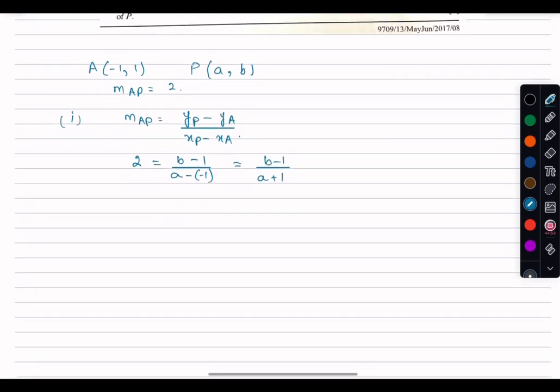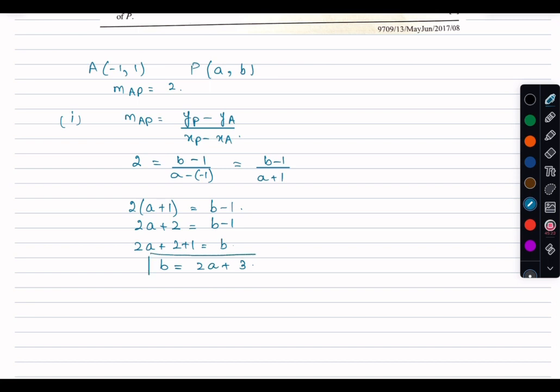So here I can say that it is 2 times a plus 1 equals b minus 1, or 2a plus 2 equals b minus 1, or 2a plus 2 and 1 is equal to b, or I can say that b is equal to 2a plus 3. So this is b in terms of a, which was required in the question. So that is the answer for the first part.